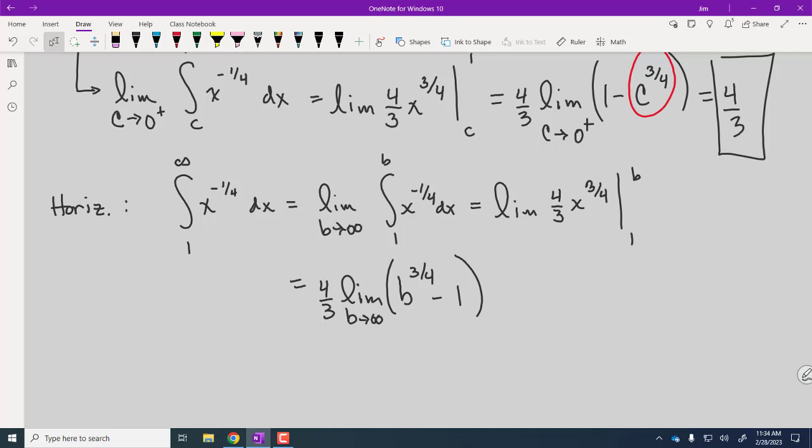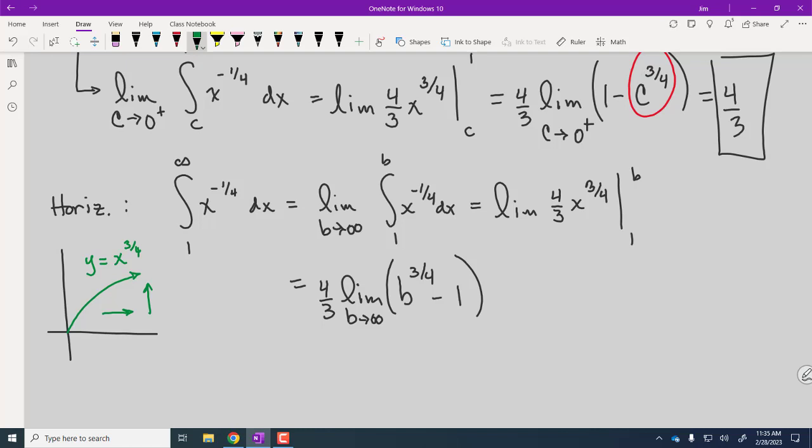And what does b to the 3/4 do as b goes to infinity? Goes to infinity. It's the bird wing. It goes up, up, up, perhaps slowly. As we go to the right, it goes up. So y equals x to the 3/4.